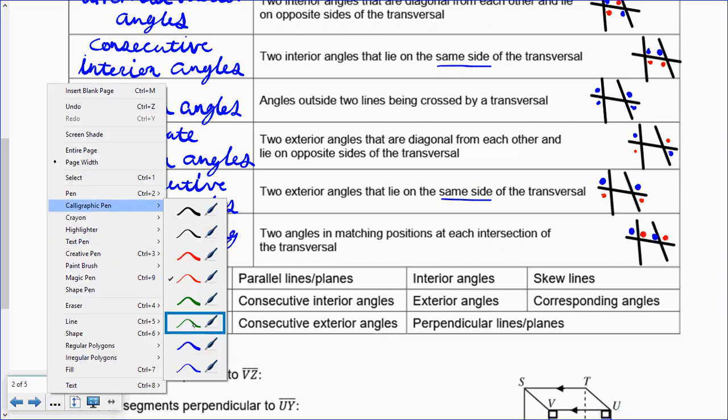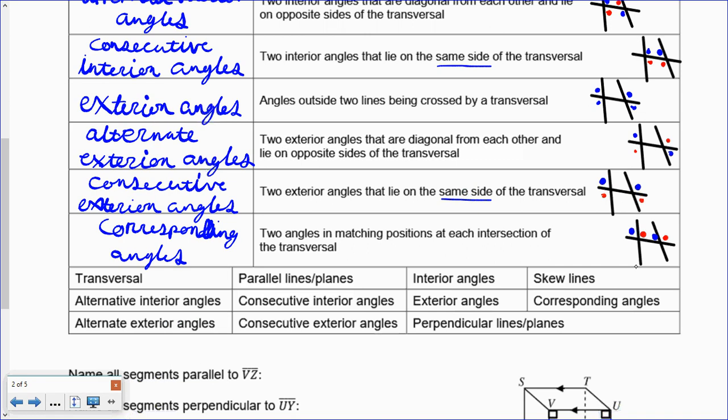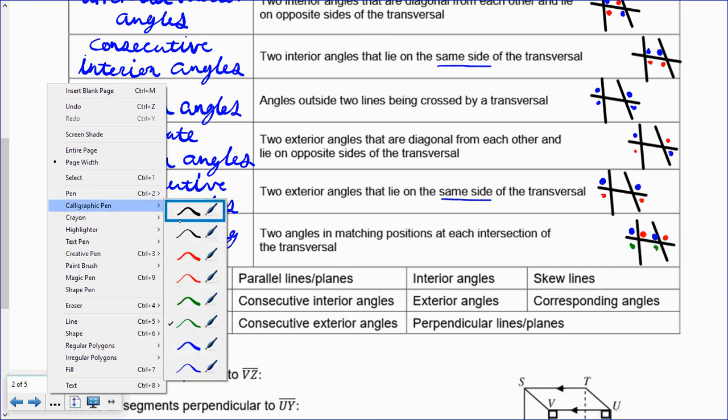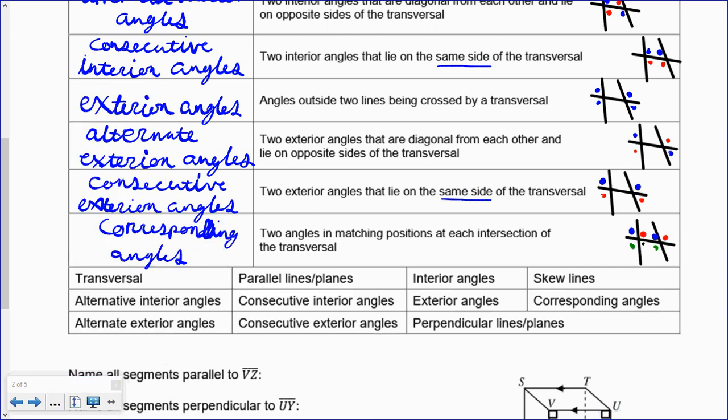And then you have the lower left corners, which are matching. And the lower right. So you need 4 different colors. Or your pencil could be one of them. That's why I said to get 3, but your pencil can be one.